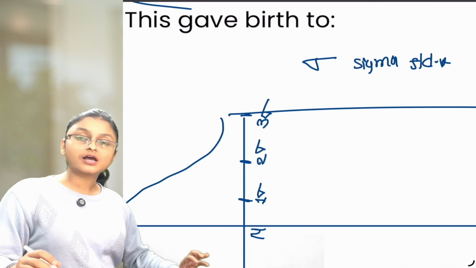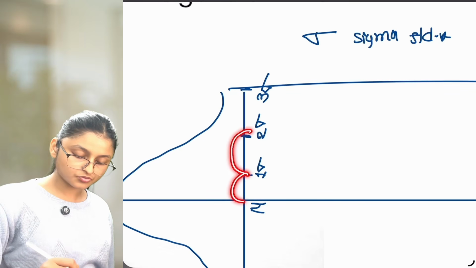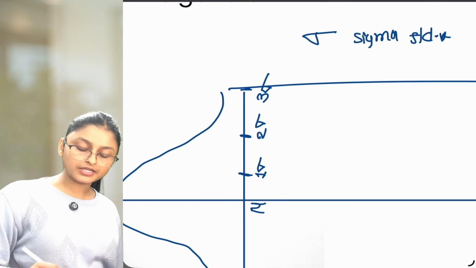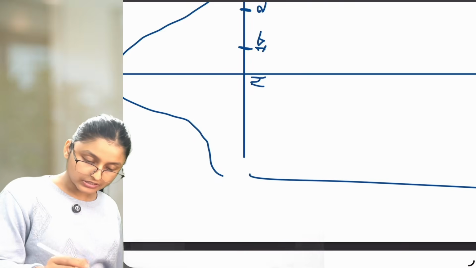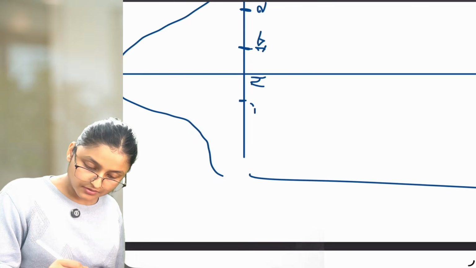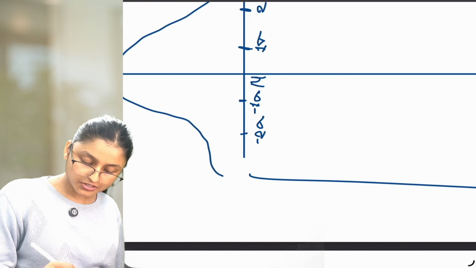So this sign can be called as sigma or standard deviation. It shows us how much variation is there. So this is one variation, this is two variation, this is three variation. The variation can go up and it can also go down. So for this side, we use -1 variation or standard deviation, -2 standard deviation, and -3 standard deviation.